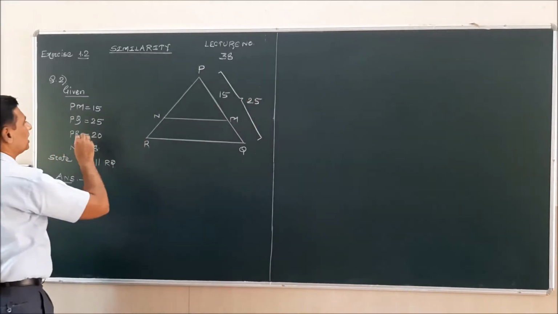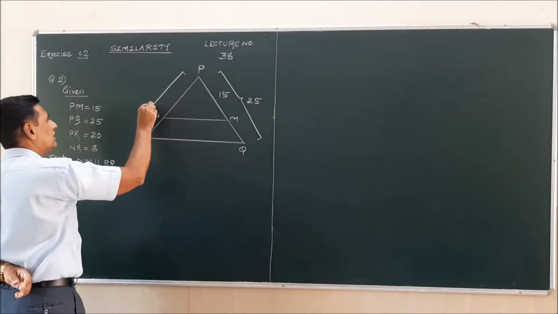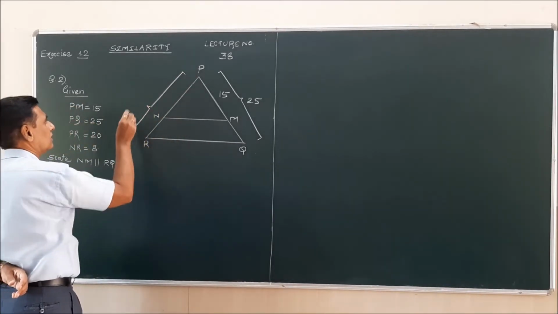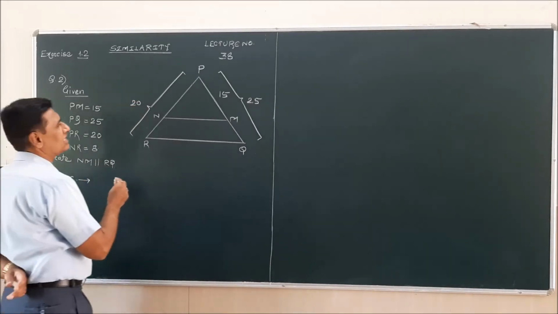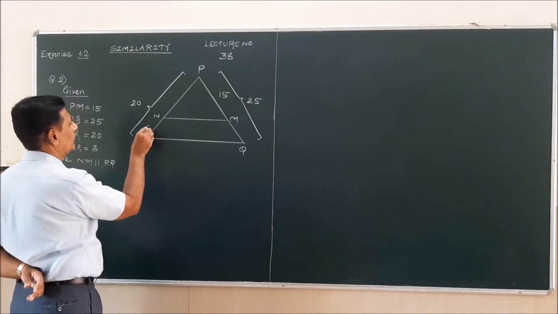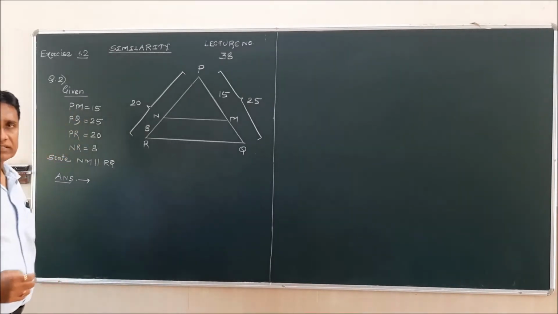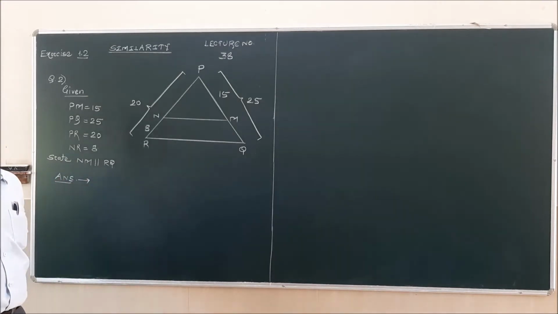Next to that, PR is 20. Total PR is given as 20. Then NR is given as 8. Fine. The question asked is: state whether MN is parallel to QR or not.